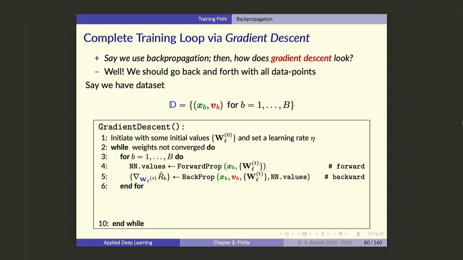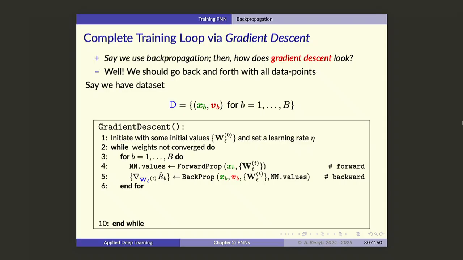Now you have B different points inside your data set, so every single one of them goes forward, comes backward. So if you have 1,000 samples, 1,000 times you go forward, backward, and then you compute the sample gradient for every single one of them, right?